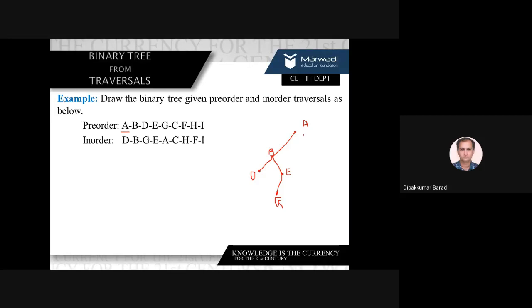Okay, and now see the CHFI which are on the right side of A. So I can say that here this C is over the right child here.